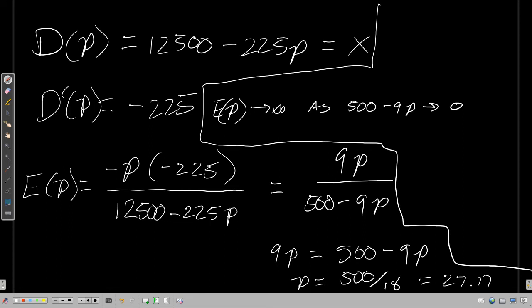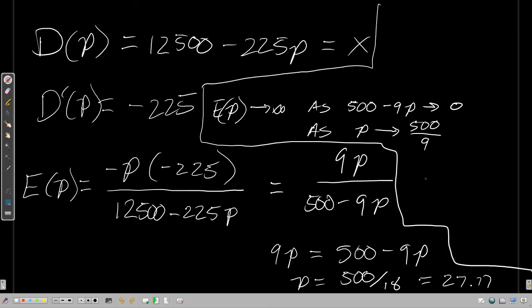That has got to be the case, and so this would be the same thing as when p goes to 500 over 9, which is what, double this quantity here.